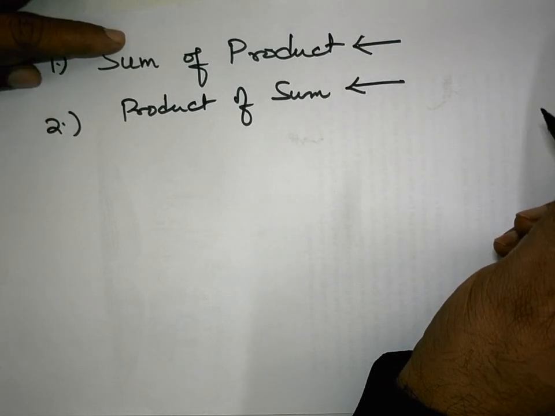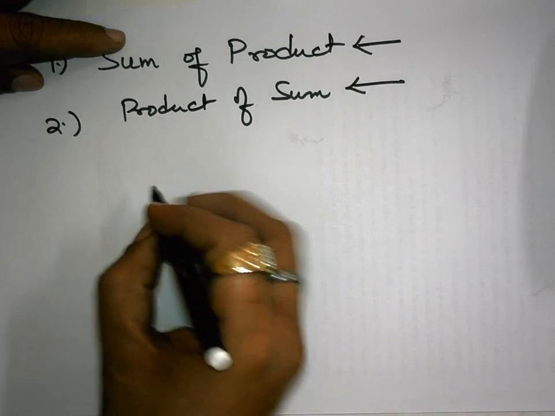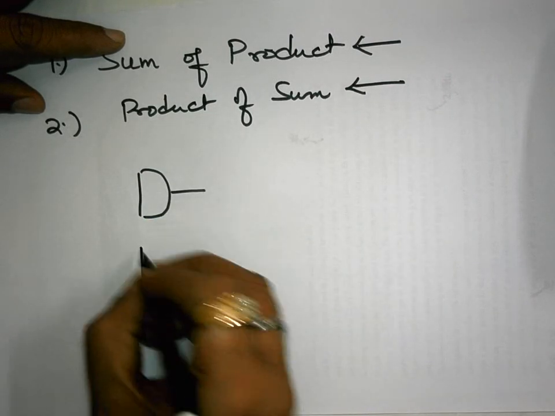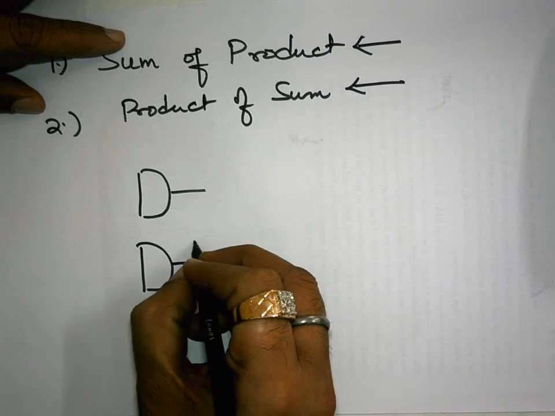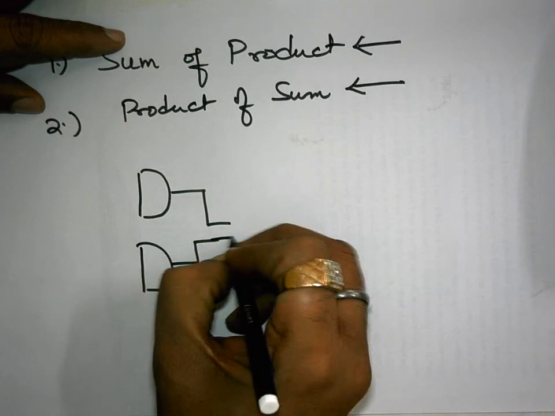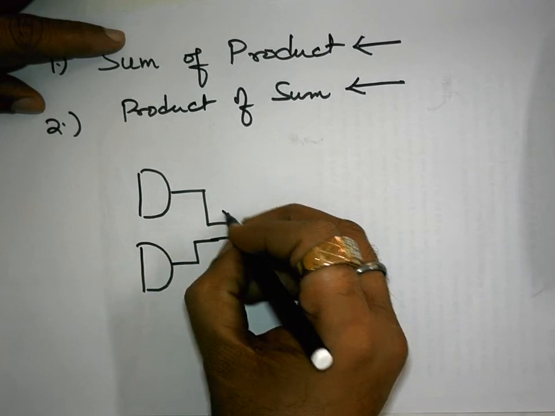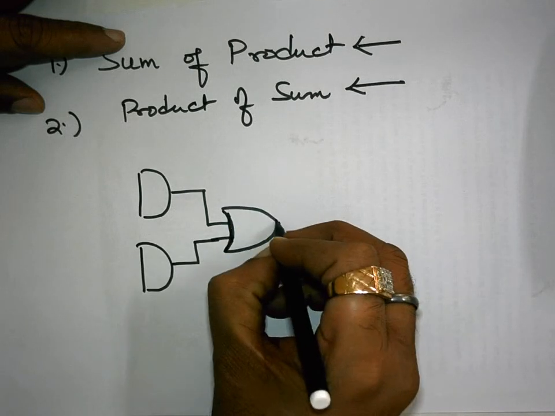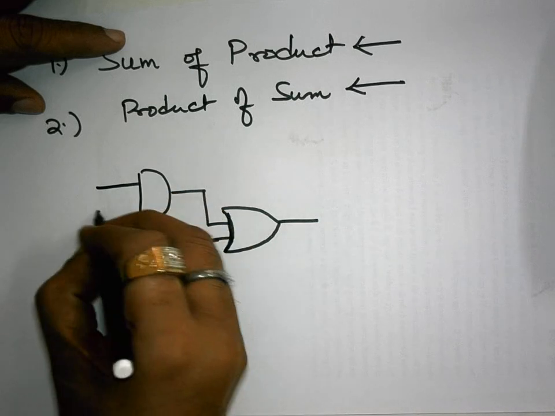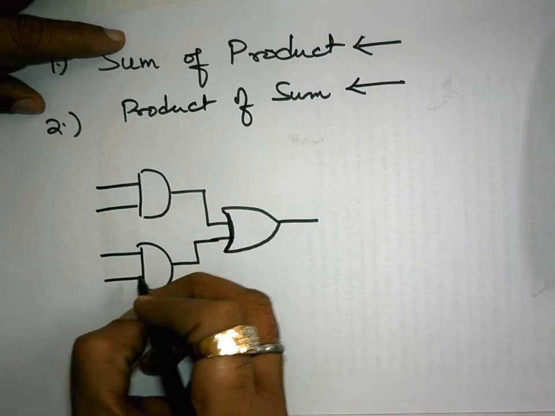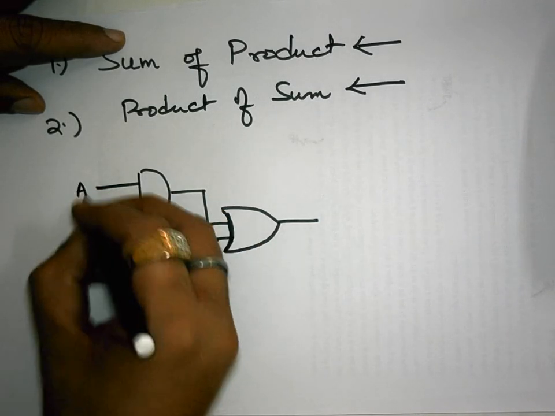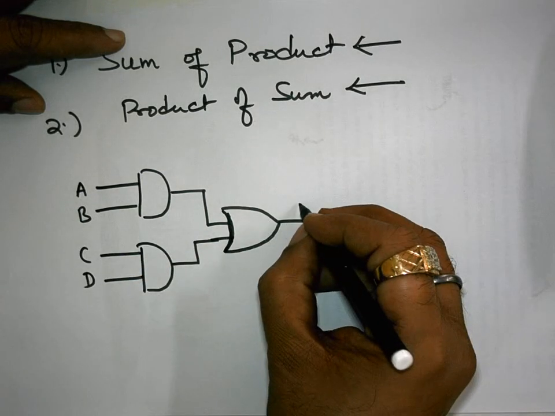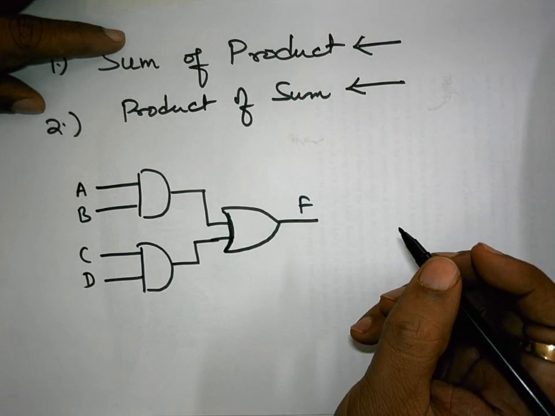Suppose we have a circuit like this. This is a two-level circuit, and here F is the final output.